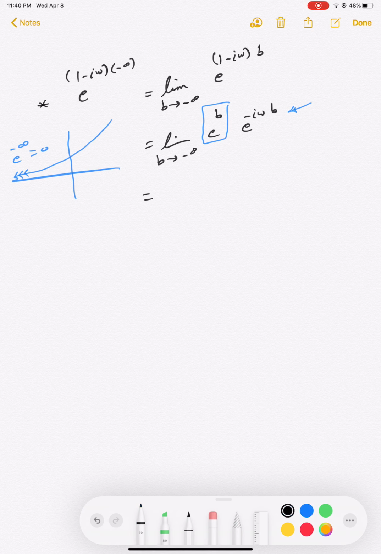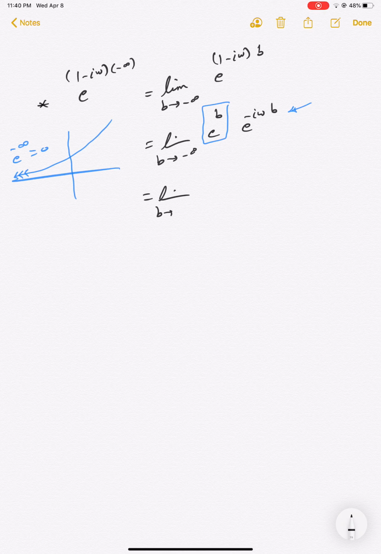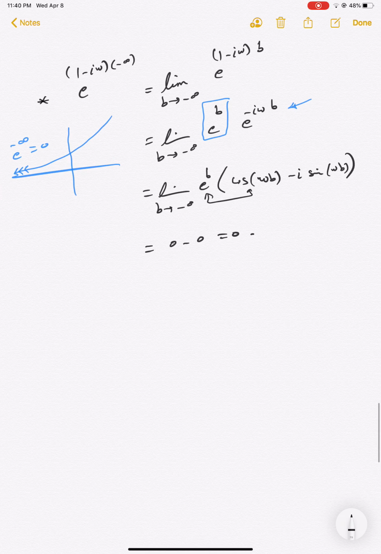So I'm now justifying why this is going to be 0. This is the limit as b approaches negative infinity of e to the b times cosine omega b minus i sine omega b. This is 0 minus 0, which is 0. Why? It's the squeeze theorem, because we know cosine omega b is always between negative 1 and 1.